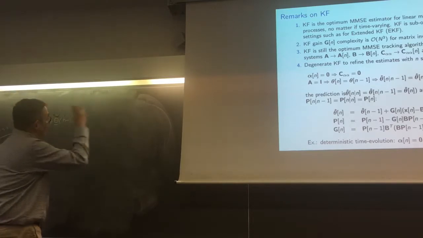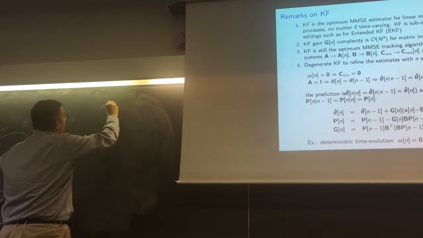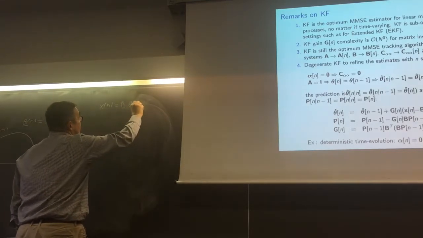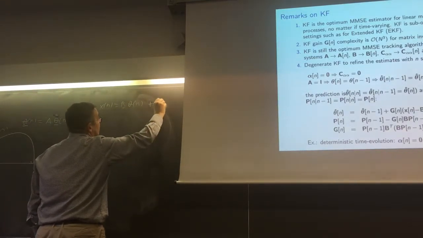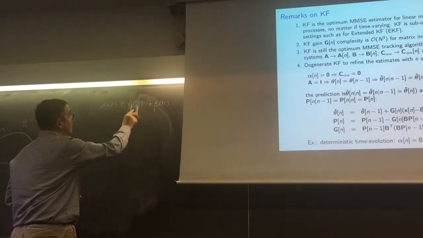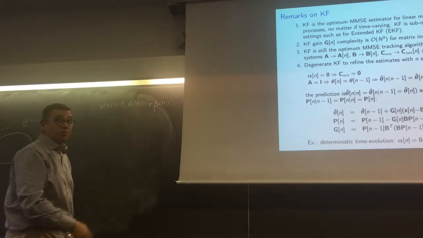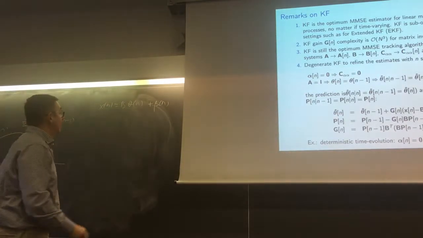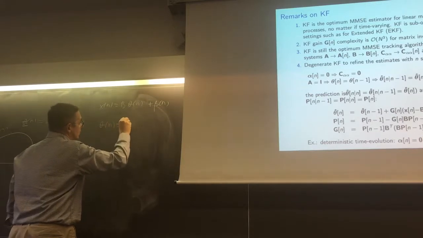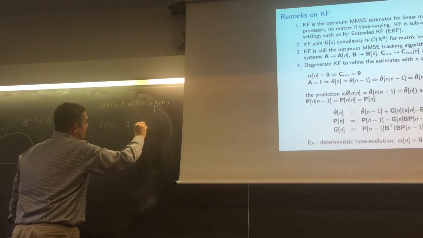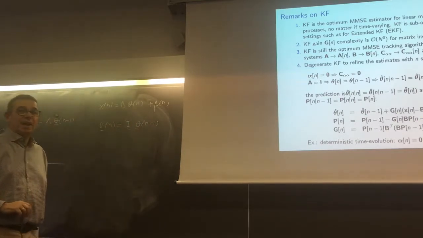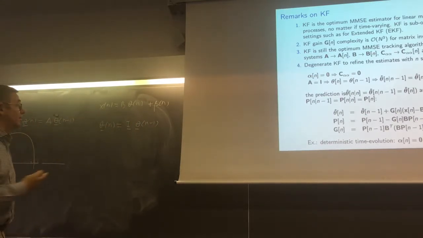So I have x_n equal to b theta_n plus noise. Now, theta_n is not changing. So how do you write that theta_n is not changing? You say that my state evolution is equal to identity times theta_{n-1}. And in the extreme case, it is deterministic.